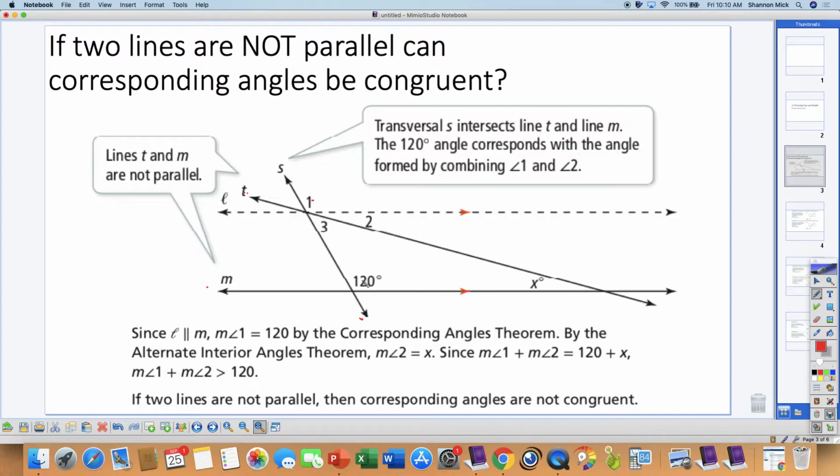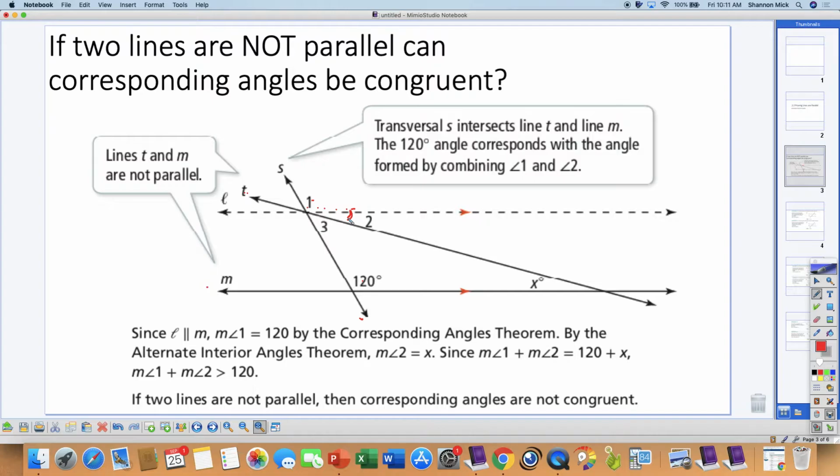Everyone get that? Okay, but now if I switch it to T and M, angle 1 is clearly larger than 120 degrees, because it was 120 degrees to the dotted line and now I've got this extra. So is it going to be bigger than 120 degrees? Yes. Angle 1 and the other angle are corresponding, but are they congruent?